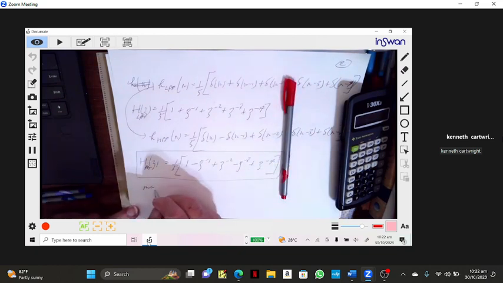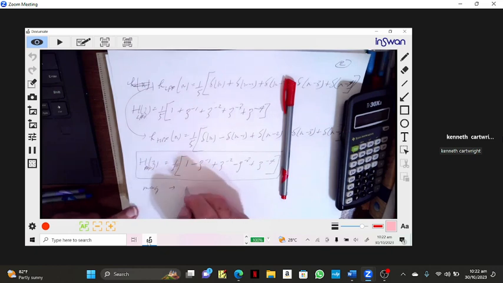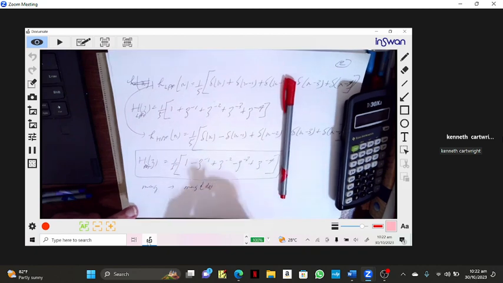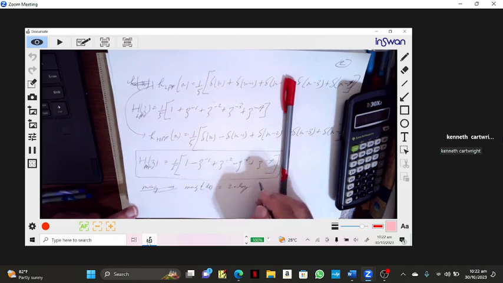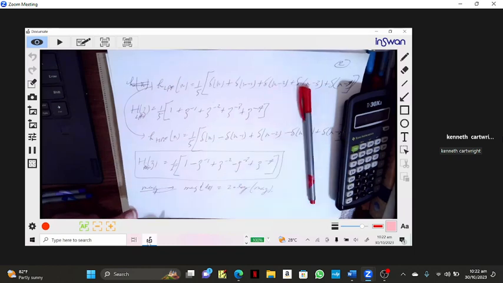So mag goes to mag dB. Mag dB is 20 log mag. But we know that. So that's how we convert the y-axis.